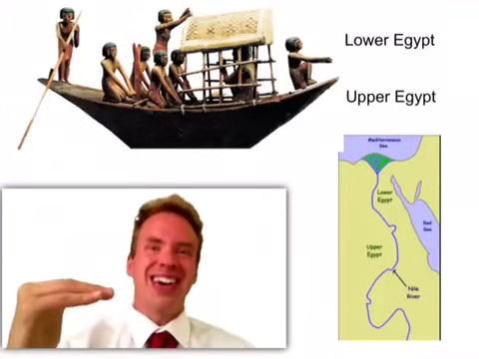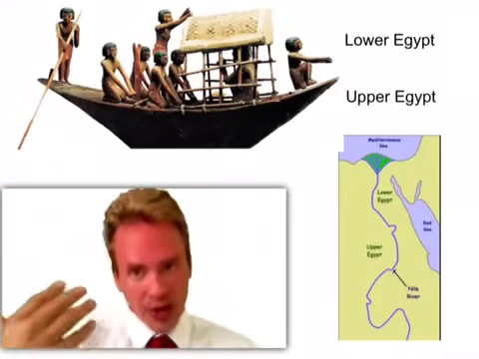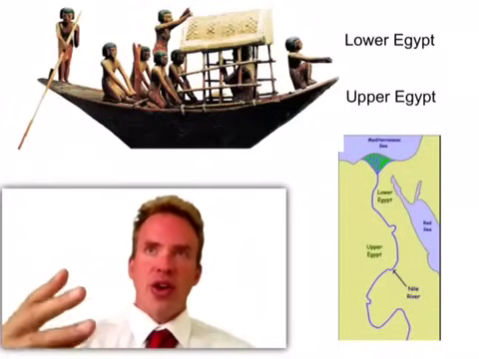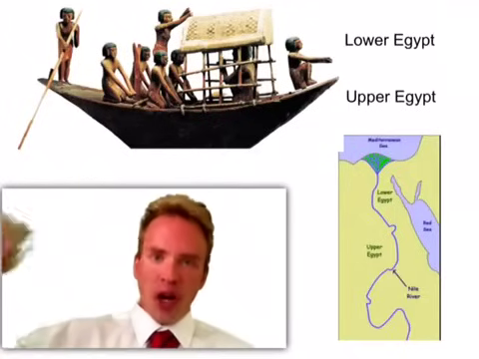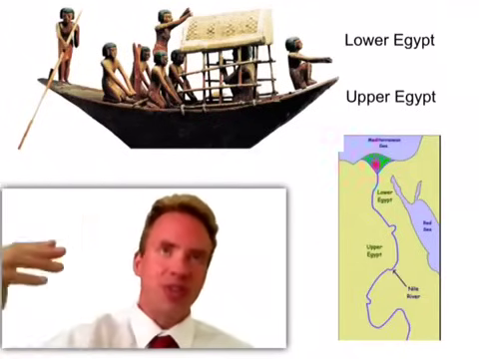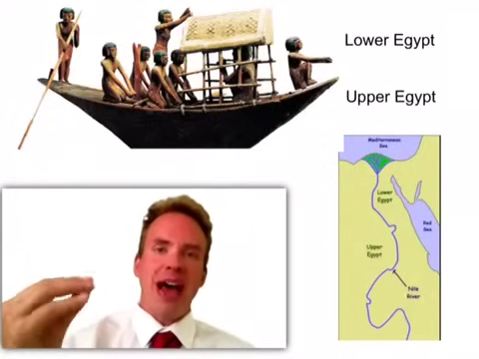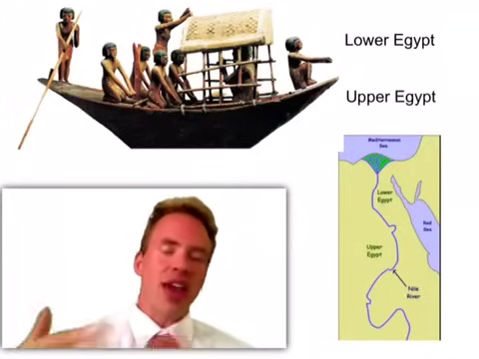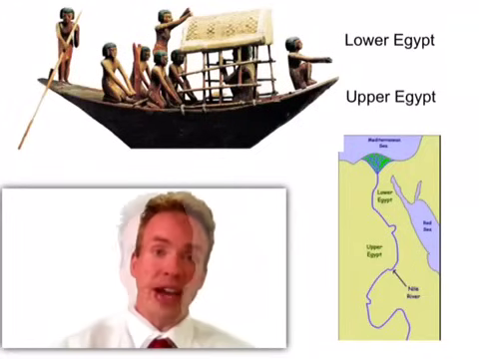South of that split, that's called Upper Egypt. So it made sense from an Egyptian perspective that you're up if you put something in the water and it flows down to Lower Egypt. But confusingly on a map, that means Lower Egypt is in the north and Upper Egypt is in the south. That's the geographic breakdown of ancient Egypt.